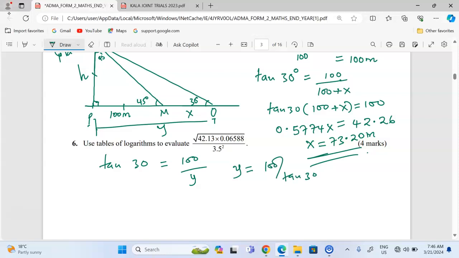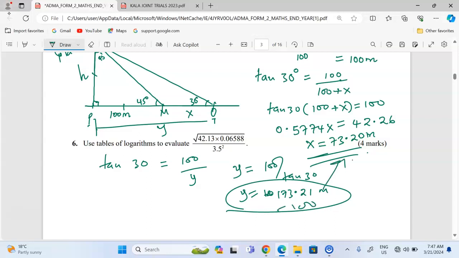So 100 divided by the tan of 30, this would give us y as 173.21 meters. Now, if this is the whole of length y, then to remain with length x here, we subtract 100 now, and we will still talk about the 73.2 as done earlier.